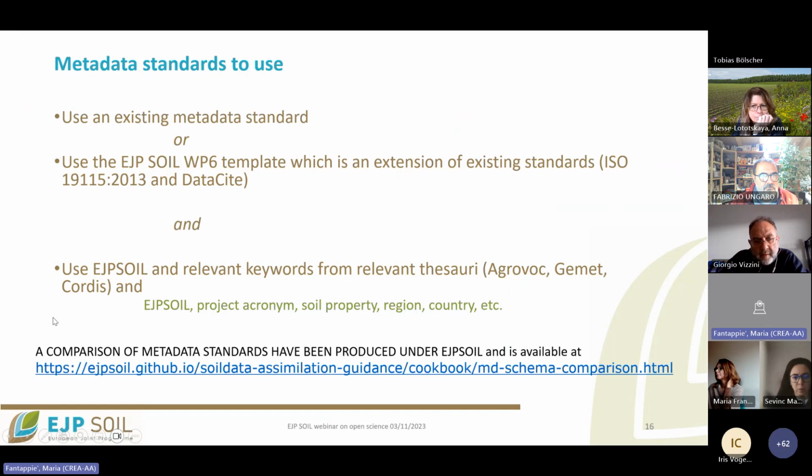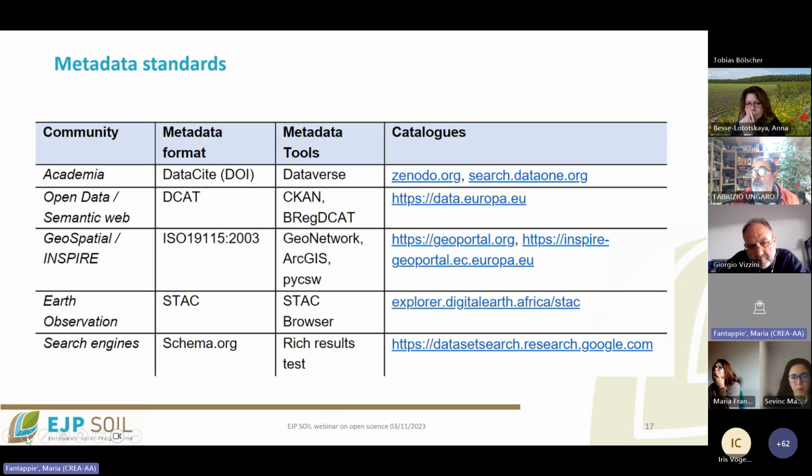As I told you, there is also a comparison of the different standards that can be used, in this link. The important thing is to use a standard. Any one is possible, but the important thing is to use a standard. As linked in this slide, these are the possible standards for metadata.